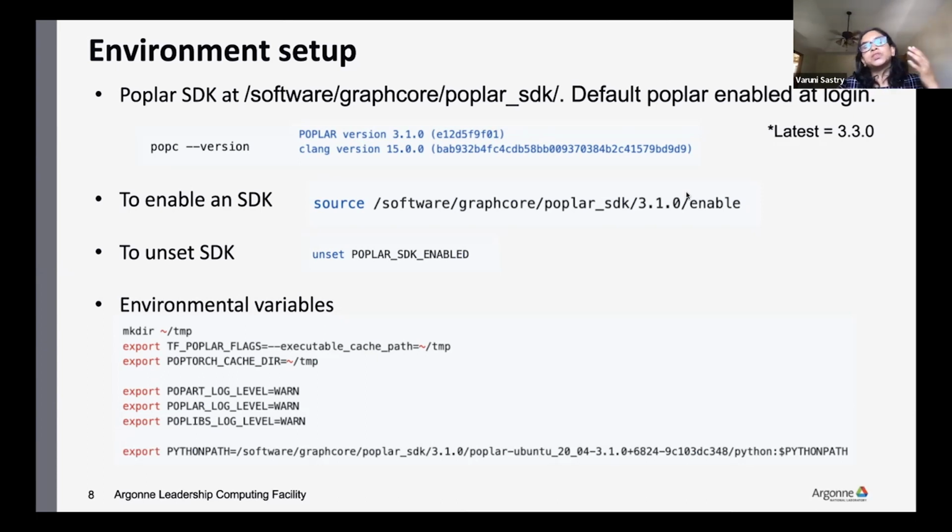The first time you run a model, it will take a considerable amount of time to compile, depending upon the model size. But with these flags enabled, it will store the compile artifacts. If you want to reuse them at a later stage, your compile times are very, very short, and it will help speed up your training activities.